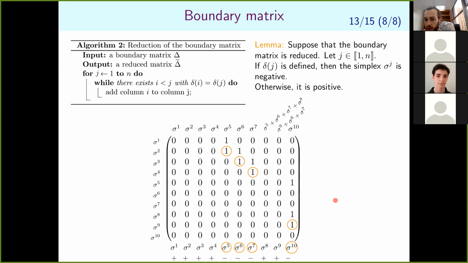Lucas asks, the columns that are left with a 1 generate the algebra of all the boundaries. If you are left with a 1, yeah, is this true?